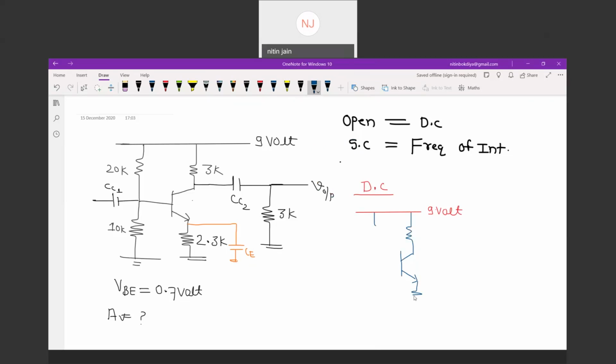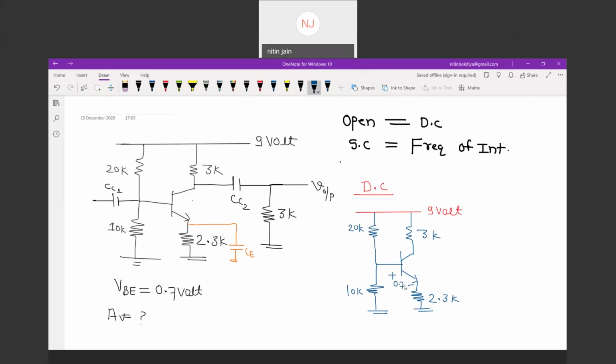Then this is RE. This is 2.3K. This is 3 kilo ohm, है ना? This is 20 kilo ohm. This is 10 kilo ohm. And this potential drop is having DC drop of 0.7. So this is the idea for the circuit.